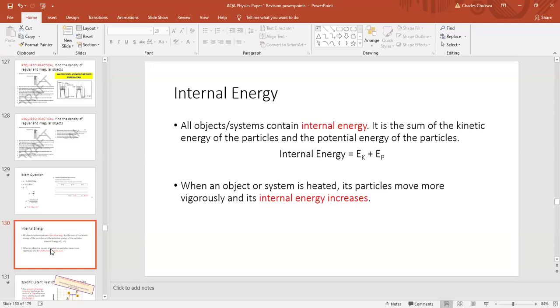Later on you get to see it from the formula for potential energy and the formula for kinetic energy. Kinetic energy's formula has velocity in it. That should tell you something.